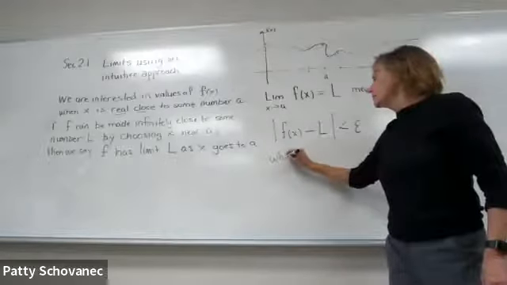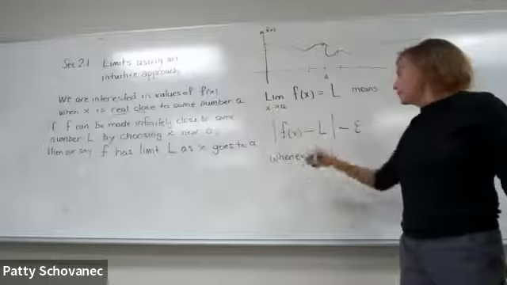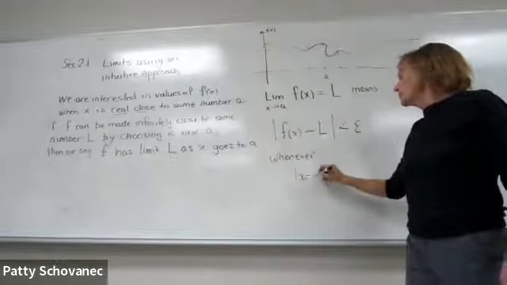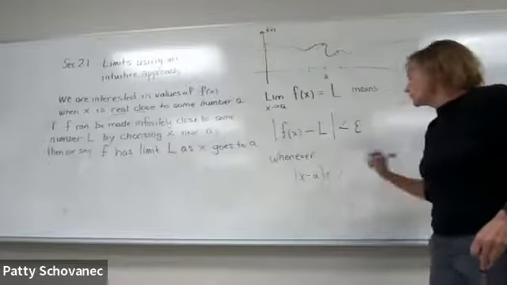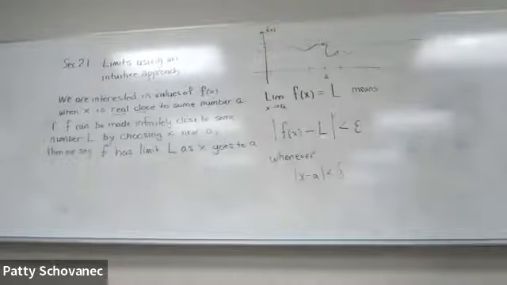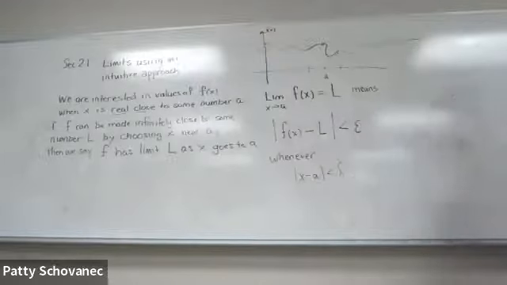Whenever the distance between these two numbers is smaller than another number, I'm going to use the Greek letter delta. If you can find this number by me doing this, then that function has a limit. These two guys are close whenever I make those close.